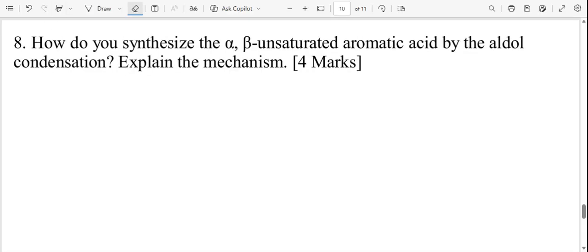So last question now. The question says, how do you synthesize an alpha beta unsaturated aromatic acid by aldehyde condensation? So there's addition and also condensation.